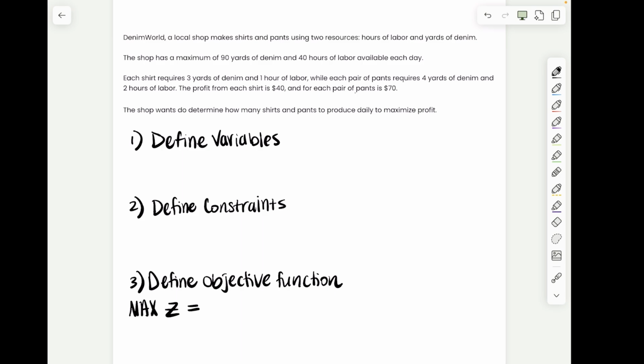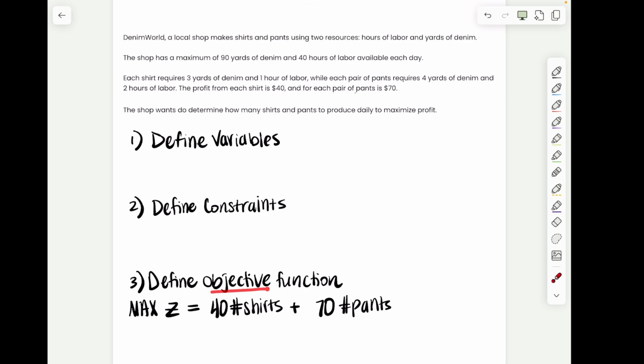And then you ask yourself, well, what does profit depend on? It depends on the number of shirts and pants that I sell. And in order to sell them, I have to produce them. So again, my profit depends on the number of shirts that I sell times however much I make when I sell those shirts. So I make $40 for every shirt that I sell, plus the number of pants that I sell times however much I gain for every pant that I sell, so 70.